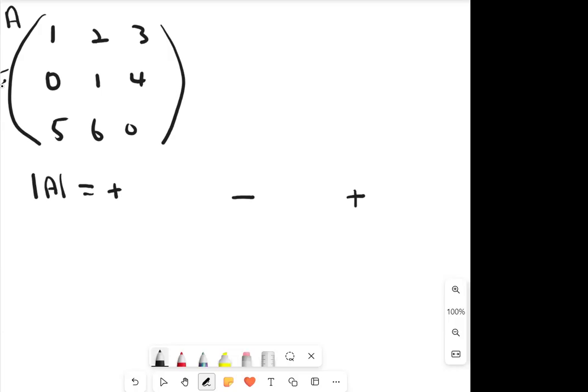So I'm going to take that 1 and cross out the row and the column that 1 is inside. You see this matrix that is left? I'm going to put it here and find the determinant of that: 1, 4, 6, 9, right?